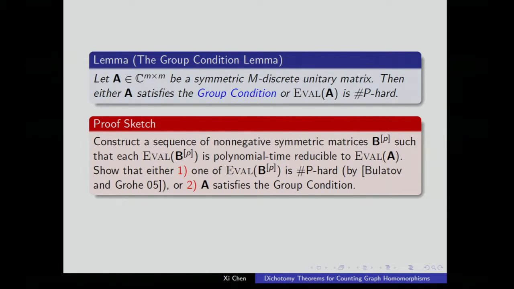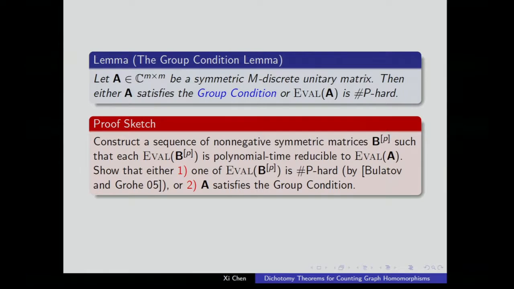Then we move on to show that one of these two cases happens. Either one of these matrices gives us a Schaeffers problem, and this is done by invoking the dichotomy theorem of Bulatov and Grohe. We look at these matrices closely, try to apply their dichotomy criterion, and see if we can show that one of them violates the criterion and is Schaeffers.